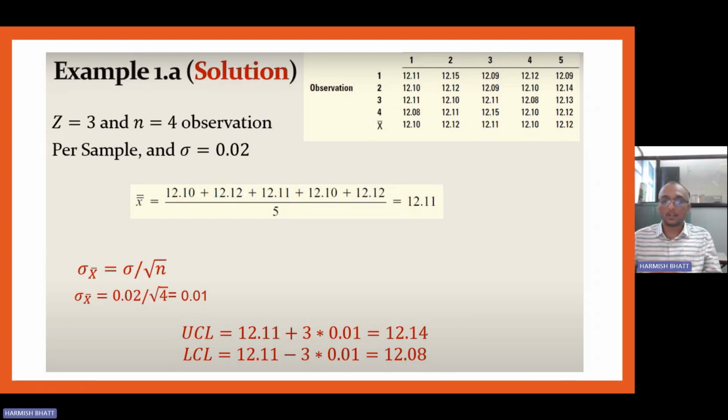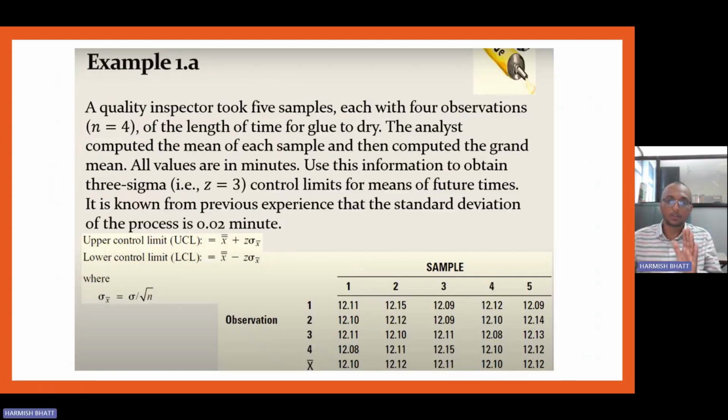This particular method is limited to the case where the value of standard deviation has been given to you. You can utilize these equations when the standard deviation value is given to you. So this is case one, or method one, the first way of plotting the X bar chart when the standard deviation of the process is given to you.